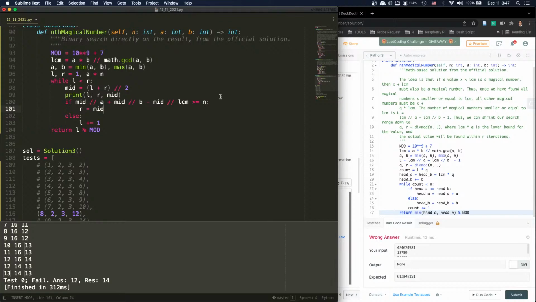Or if it's equal, we stay at r. So now in this case, 13, r doesn't change. Now we want it to go down, right? We want this to go down.